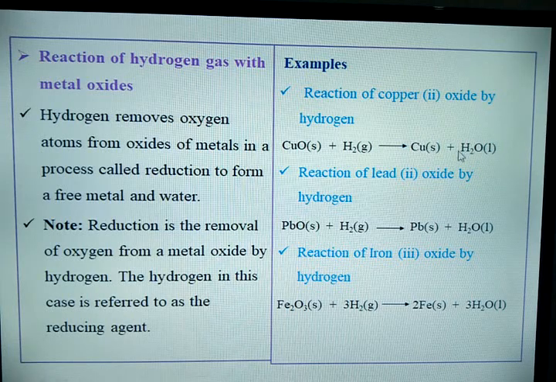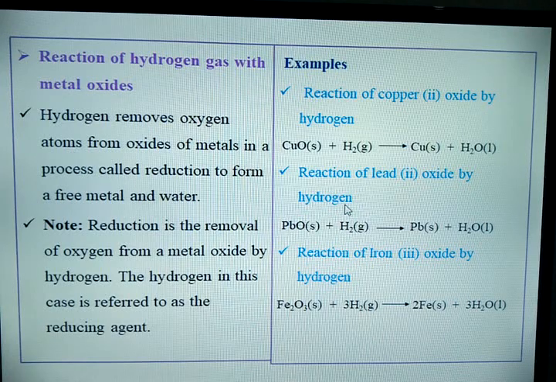And water in this case is going to be given off in form of steam, so you're going to see a colorless condensate. So if I'm to write an observation for this equation in particular, I will say black solid for copper oxide turned to a brown solid and a colorless condensate formed.